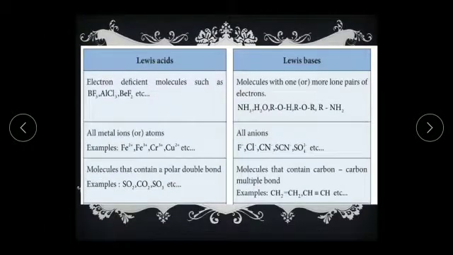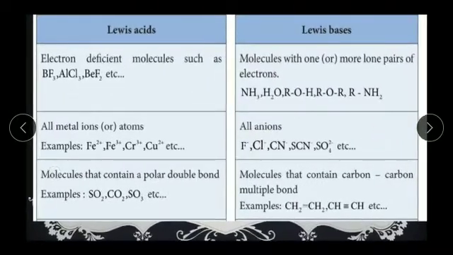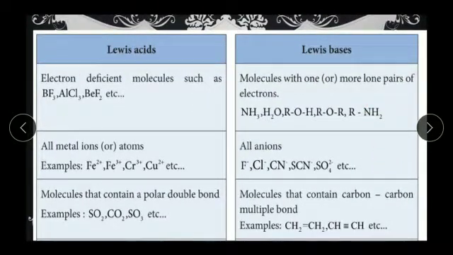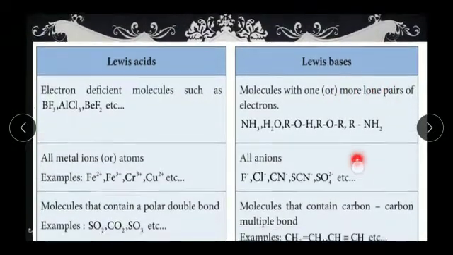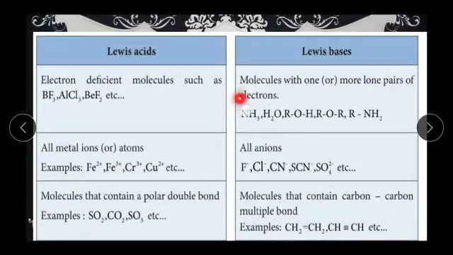Lewis acid and base difference. First, Lewis acids are electron deficient molecules, for example BF3, AlCl3, BeF2. Lewis bases are molecules with one or more lone pairs of electrons.